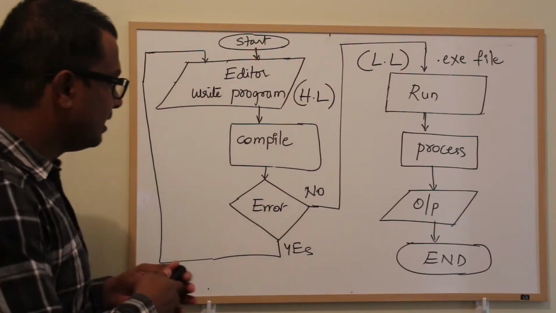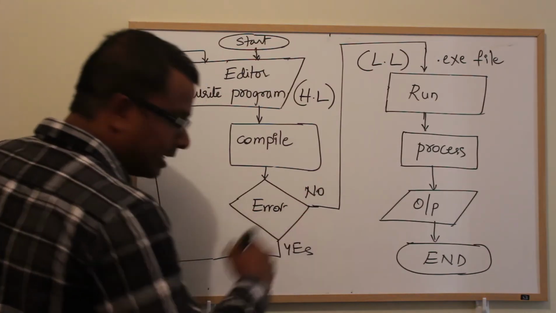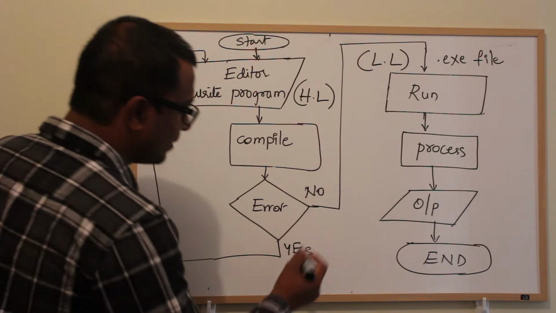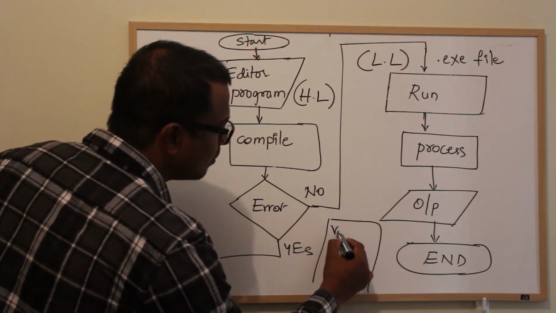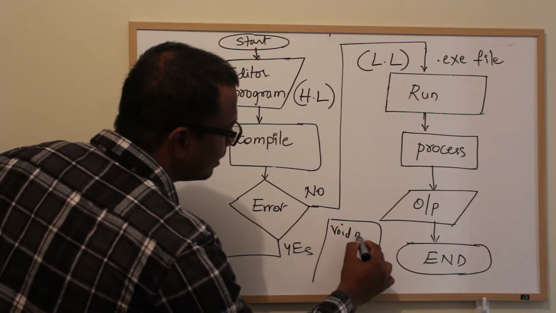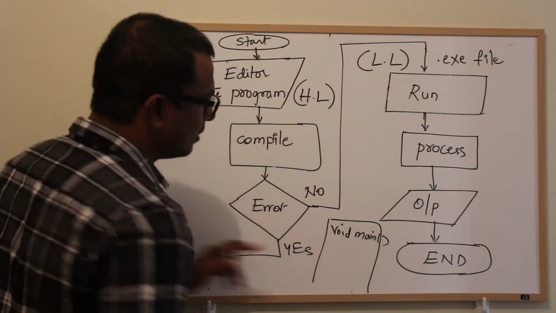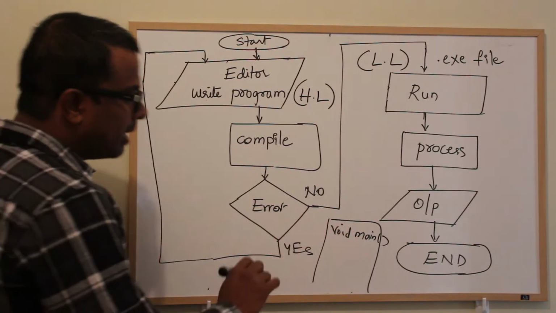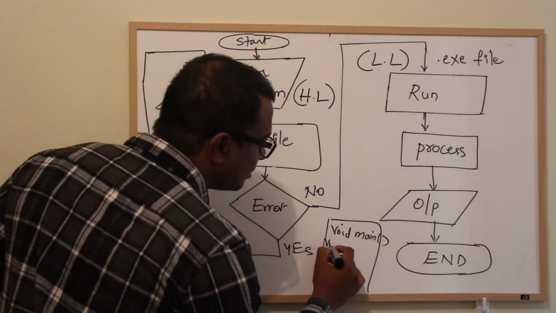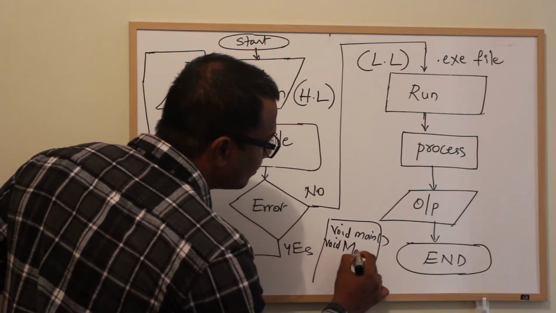For example, I am taking just an example. This is my C program. Here I have to write void main. All the letters must be small. Right? By mistake, I have written void and capital M main.